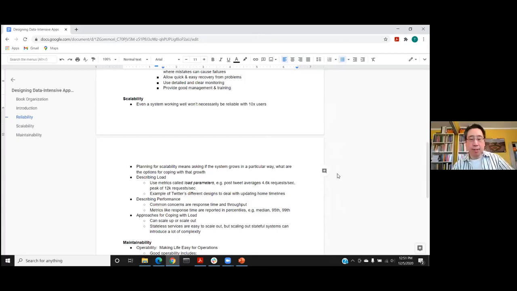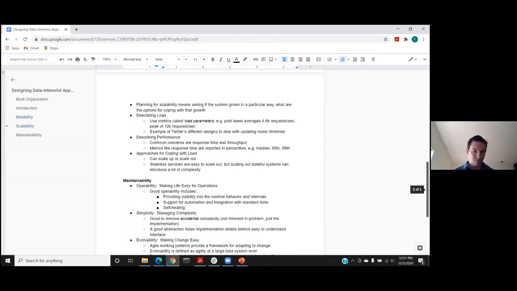So then there was this example. I didn't repeat the content in here, but I thought it was a really cool example where he talks about the different designs they used to cope with updating the home timelines. When 4,600, 6,000 people send out a tweet, you need to write those down to a database somewhere.